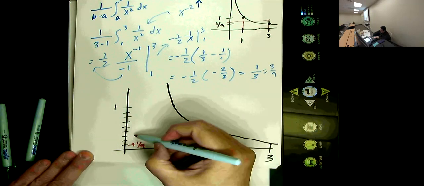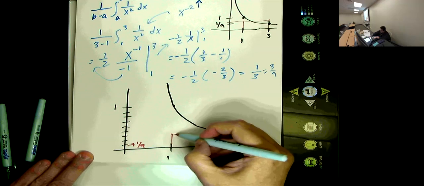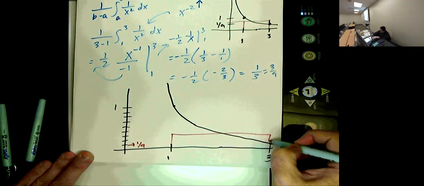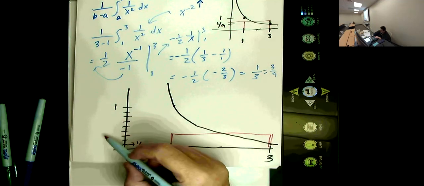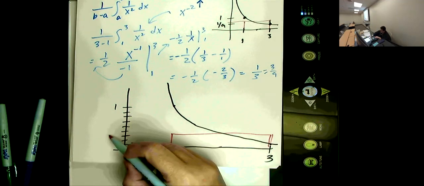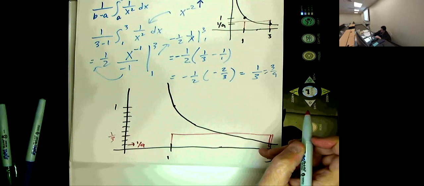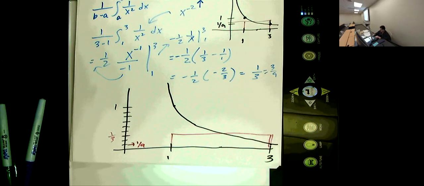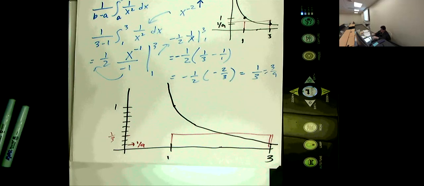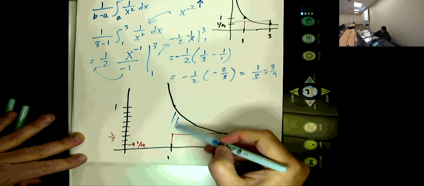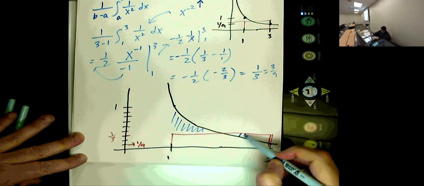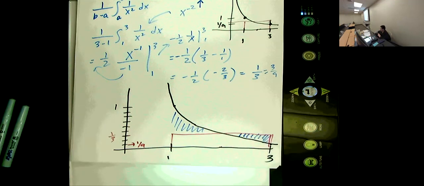The average value is 3/9, which would be right here, at 1/3. So apparently, if my picture were better, this can't be a good picture. There's no way. This part offsets this part. That's how I know my picture is bad.